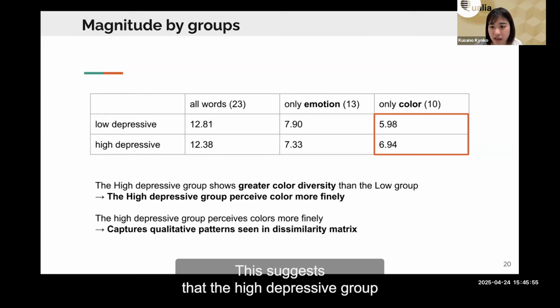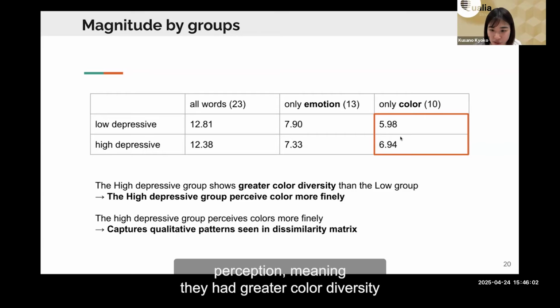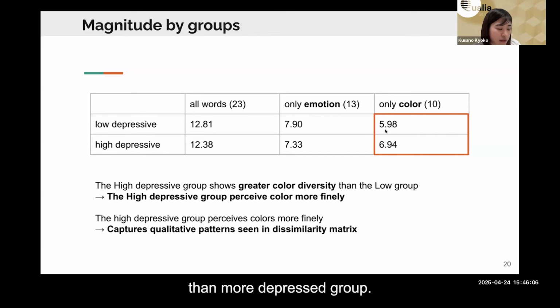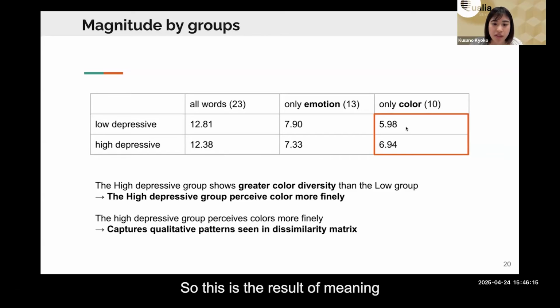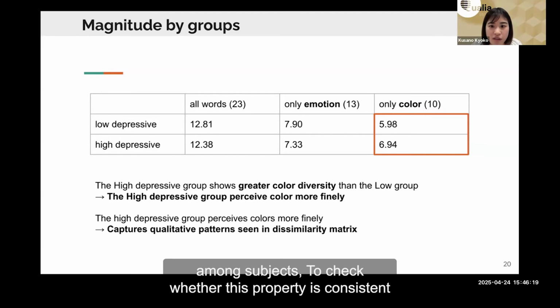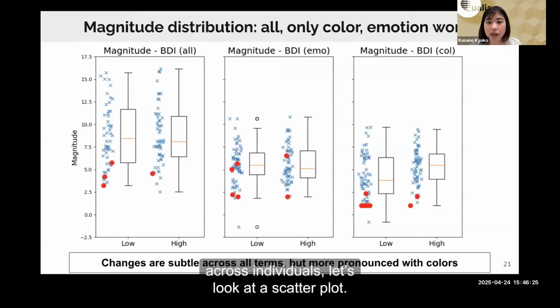This suggests that the high depressive group had one more cluster of color perception, meaning they had greater color diversity than the lower depressive group. The high depressive group perceives color more finely. So this is the result of the magnitude among subjects. To check whether this property is consistent across individuals, let's look at this scatter plot.